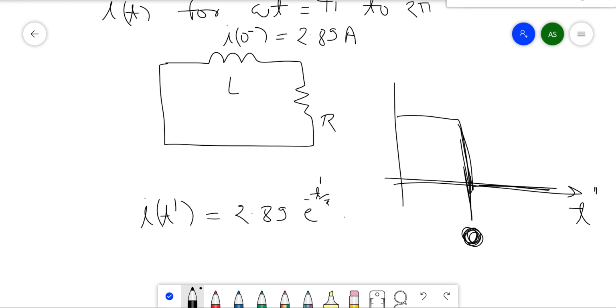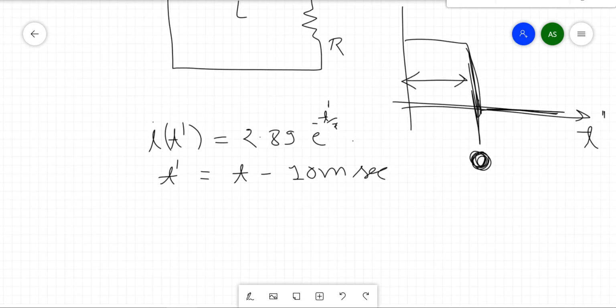So you can write basically t dash equal to t minus 10 millisecond. So at t equal to 10 millisecond, t dash equal to 0. Okay, like that you will have to calculate.